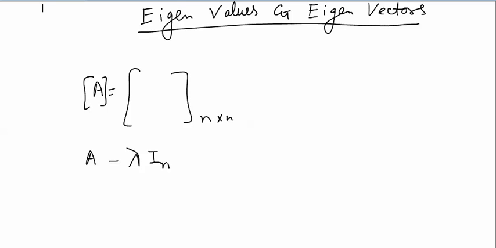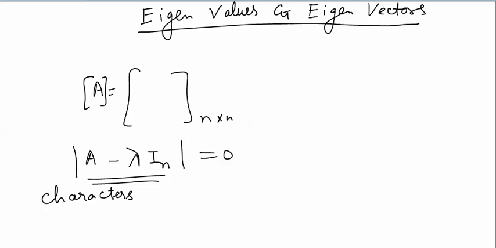And if I say that the determinant of A minus lambda I is equal to 0, this is called the characteristic equation of A.